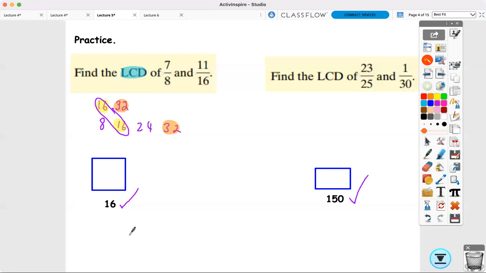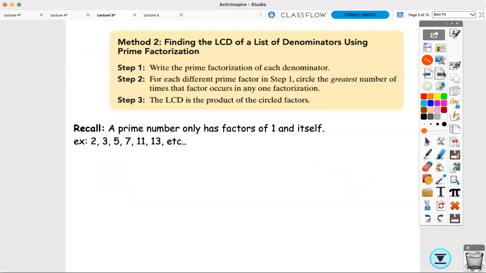All right, let's go ahead and move on. There's going to be a second method, guys, which involves prime factorization. I'm going to give you guys 3 minutes to set up this slide in your notebook before I move on. I'll do 4 minutes just to be safe. All right, see you in 4 minutes.